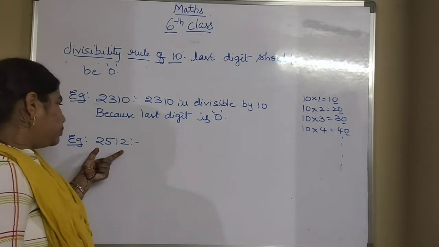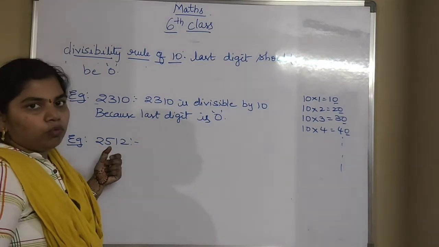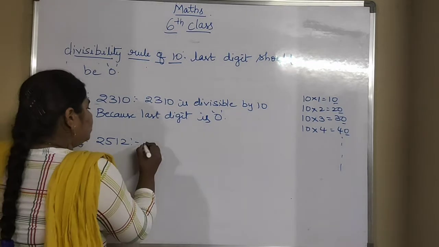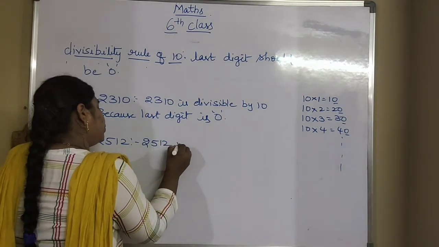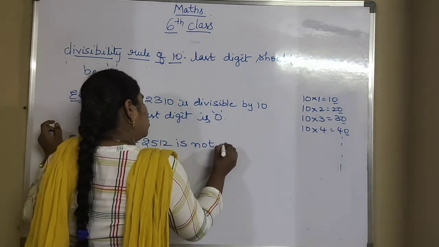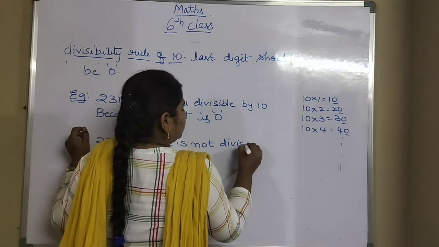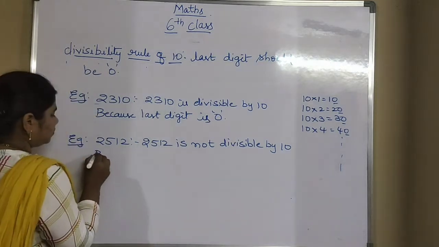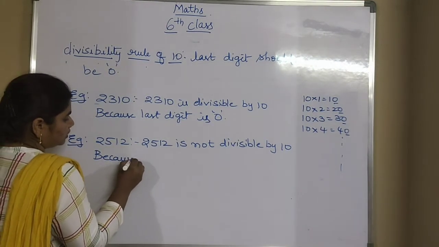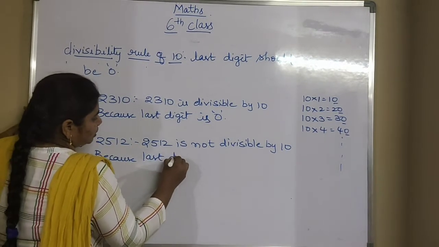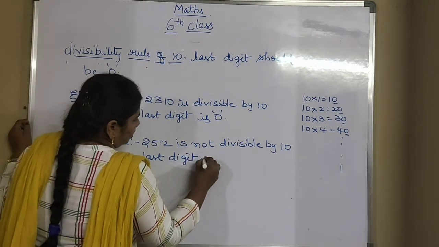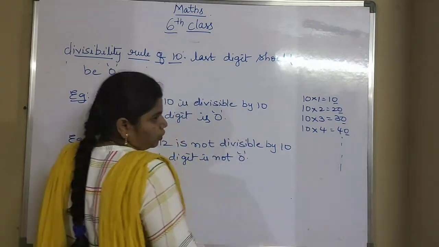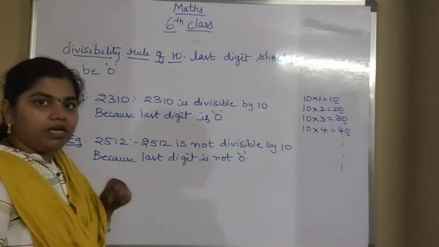Whether this is divisible by 10 or not? No, because the last digit is not 0, it is 2. So here 2512 is not divisible by 10 because the last digit is not 0. So if it is 0, then only it will be divisible.